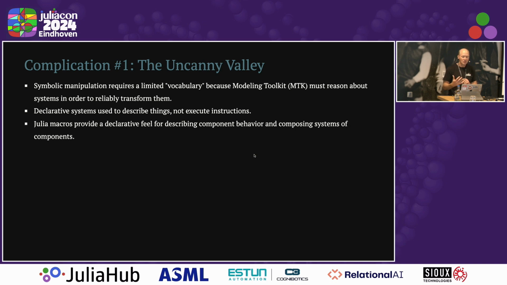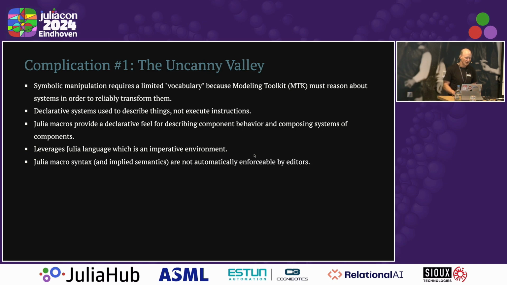And these macros then provide this declarative feel in describing the behavior of components and systems. And they ultimately leverage the Julia language, which is this imperative environment. And so there's this sort of tension there, as I said, between the imperative side and the declarative side. When do you have to stay within the declarative aspects, and when can you use the imperative stuff?